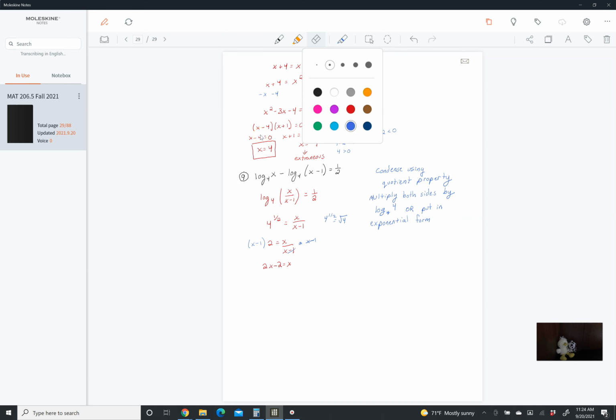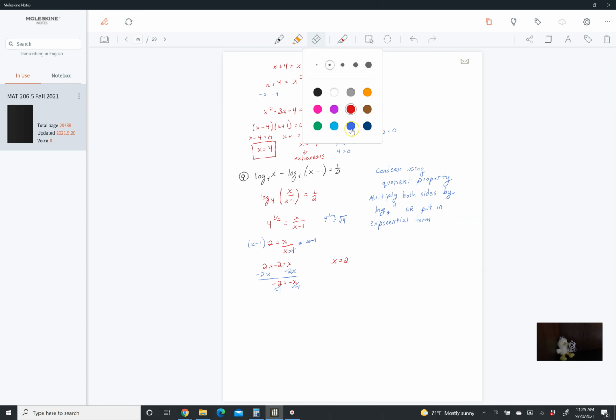So we can subtract 2x from both sides. That gives us negative 2 equals negative x. Divide both sides by negative 1. And our final answer is x equals 2.